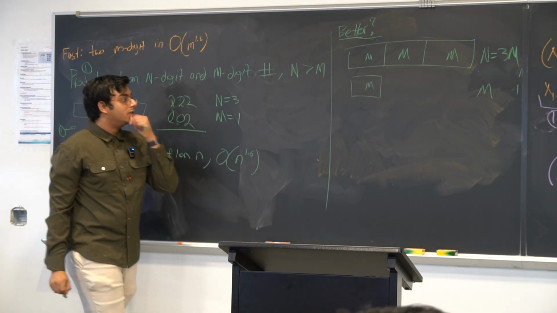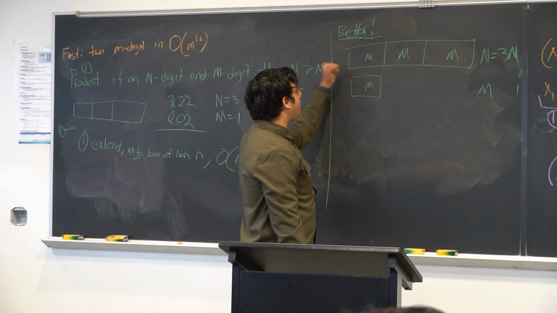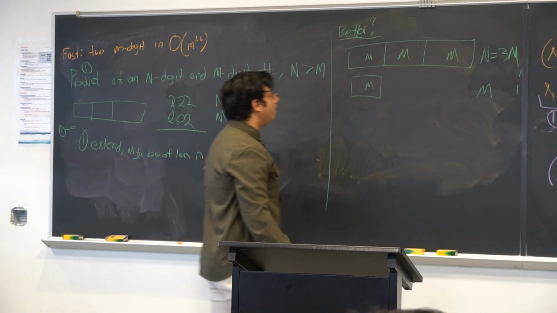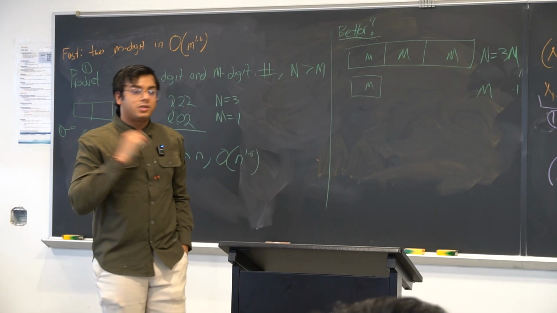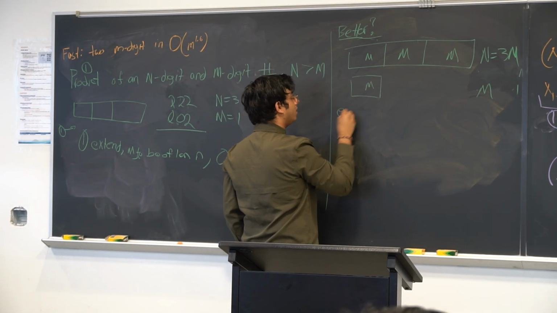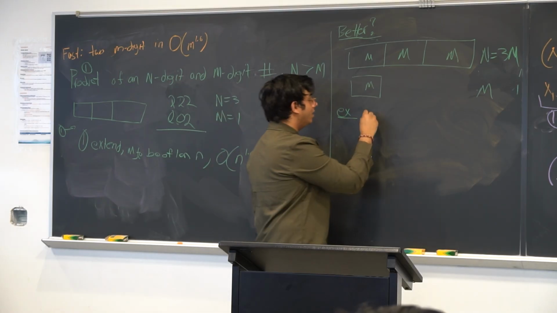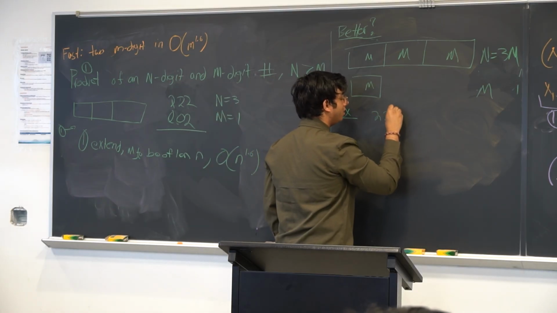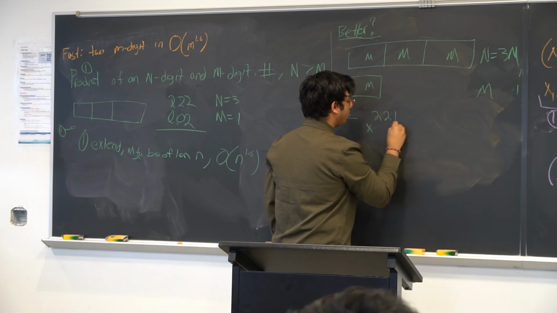Now that we have this, can we think of a faster way to multiply these two numbers together? Always go back to examples, and then always go back to degenerate cases. So let's take our single example: 221 times 3.